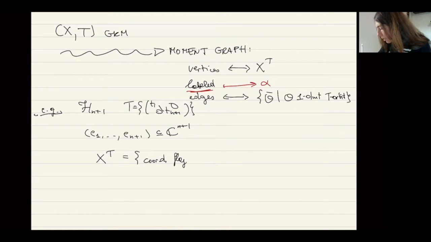Meaning that these are the complete flags in C^(n+1) whose subspaces are spanned by a subset of the standard basis vectors.